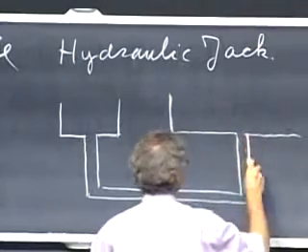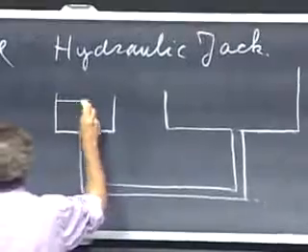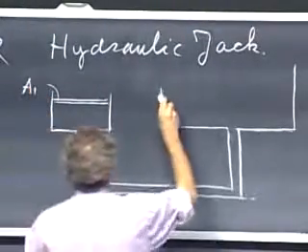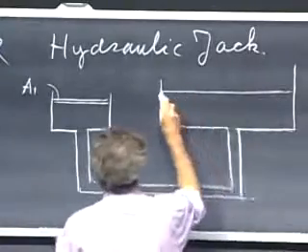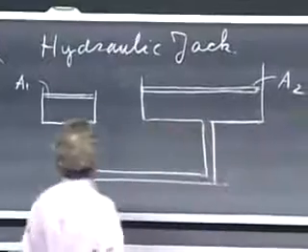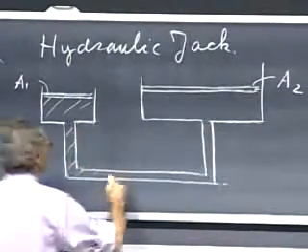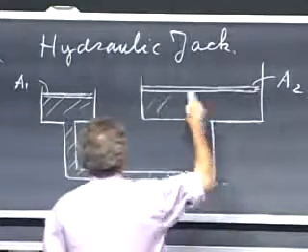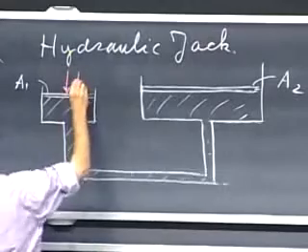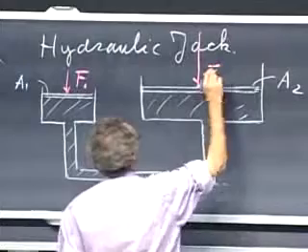Need an opening here. And let there be here a piston on it with area A1, and here one with area A2. It's filled with liquid everywhere, and I apply here a force F1, and here a force F2.